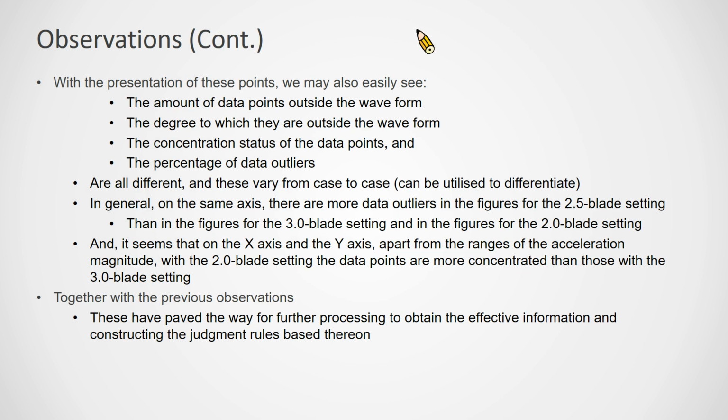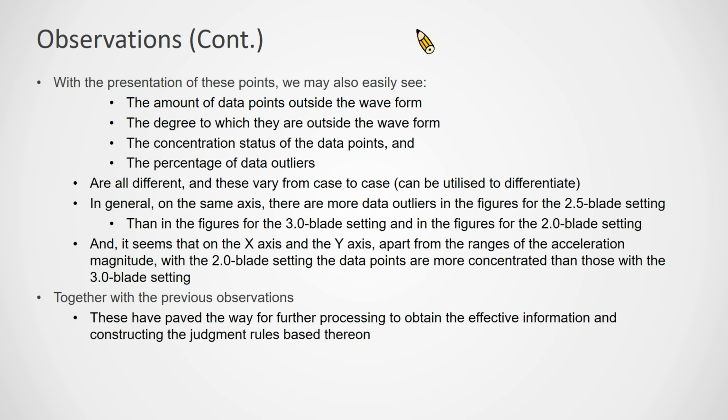Other features in these figures also provide clues to differentiate the different cases. For example, the amount of data points outside the waveform, the degree to which they are outside the waveform, the concentration status of the data points, and the percentage of data outliers. In general, on the same axis, there are more data outliers in the figures for the 2.5 blade setting than in the figures for the 3 blade setting and in the figures for the 2 blade setting.